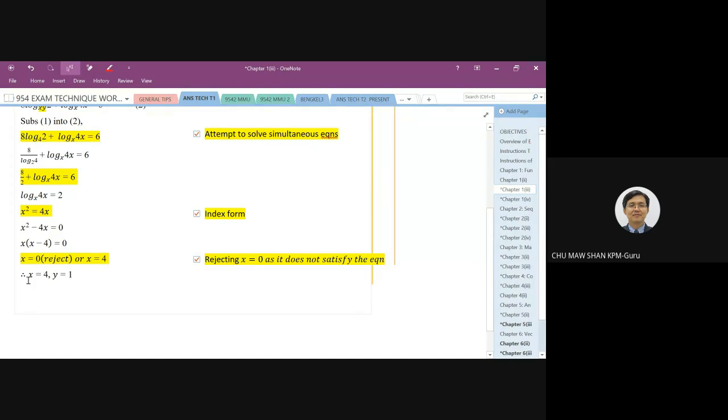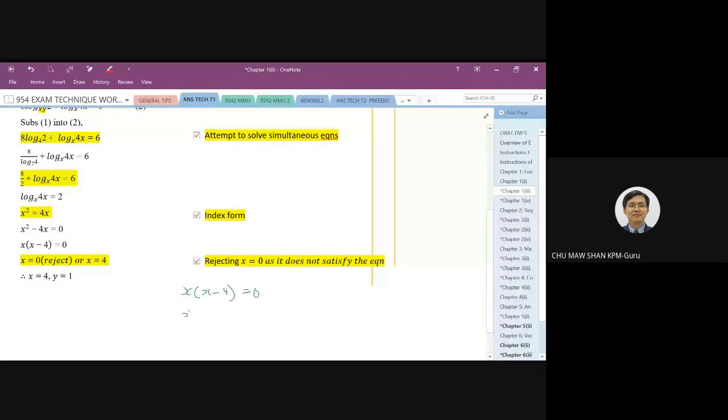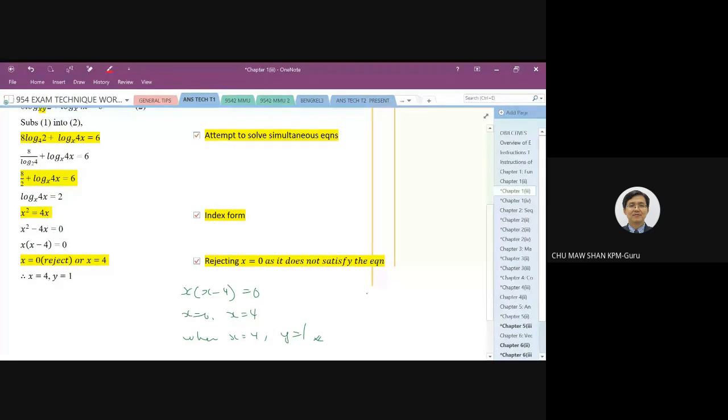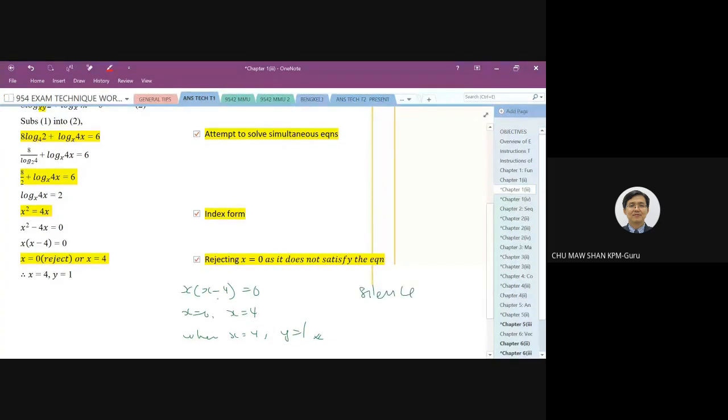Don't keep silent on this. Let's say you see one example here. I tell you, this student looks fine in everything, but this student will lose a mark. He is silent on this value.